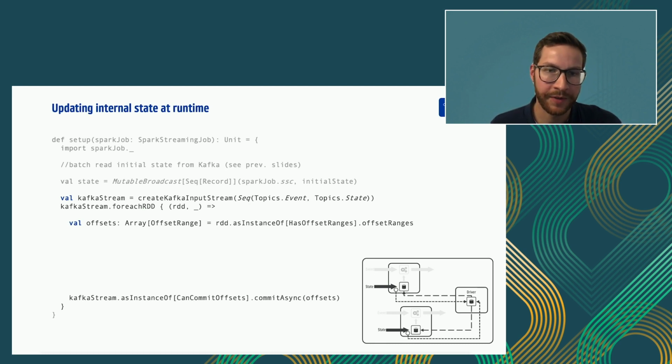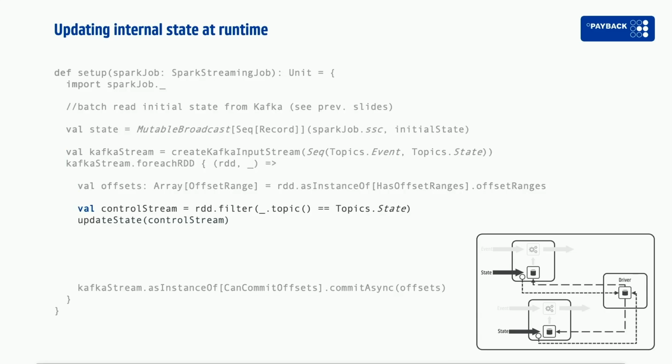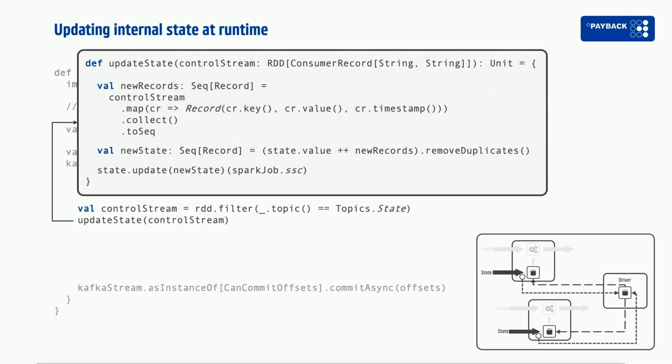We're reading from the event topic and the state topic. And as we're only interested in records from the state topic, we filter our streamed RDD only on records from this state topic, and then we call our update method. In the update method, again, we map our RDD of consumer records to an RDD of our own class, which is called record, then collect it to the driver.